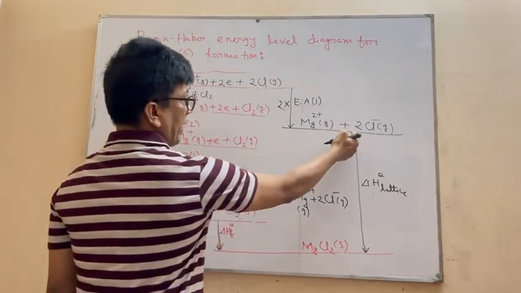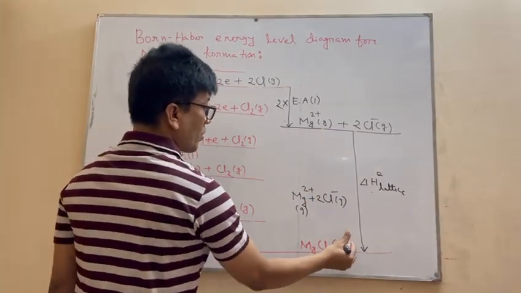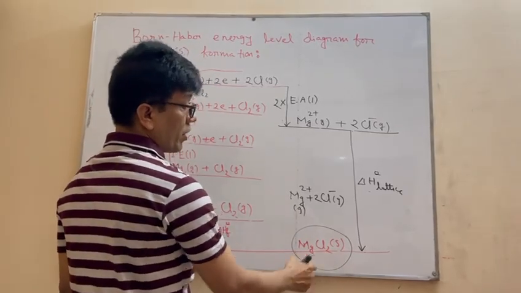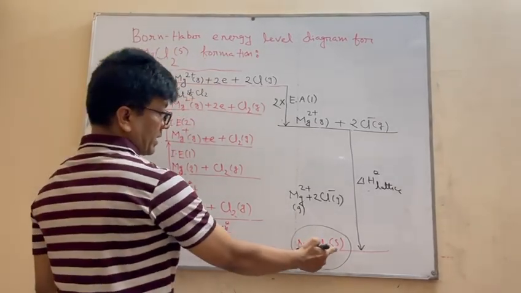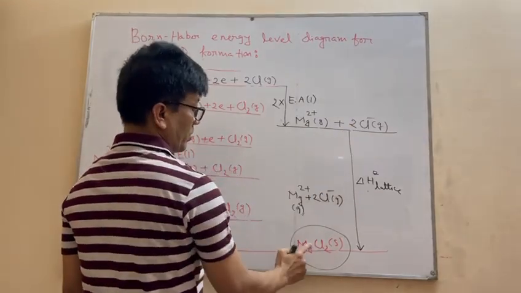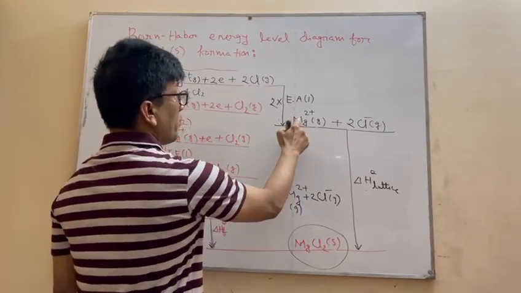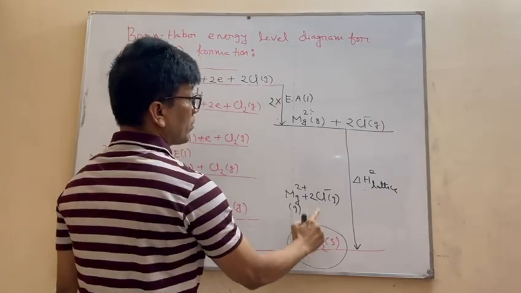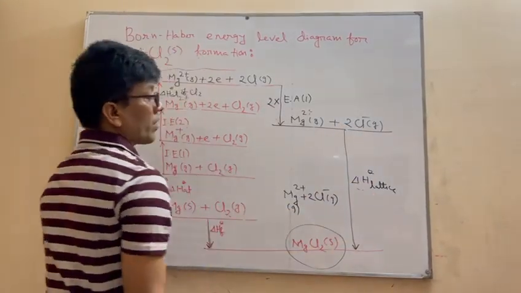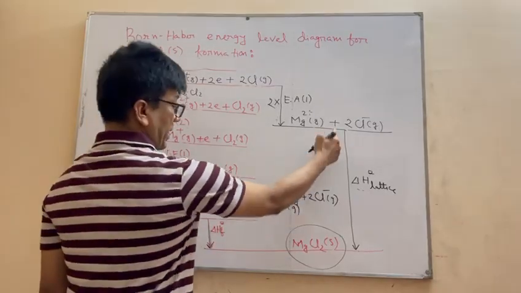Now next, lattice enthalpy. 1 mole of ionic compound magnesium chloride, you know magnesium is a metal, chlorine a non-metal. 1 mole of magnesium chloride ionic compound is produced from its separate gaseous ions. Magnesium chloride contains magnesium ion and 2 chloride ions. So this is the lattice enthalpy of magnesium chloride.